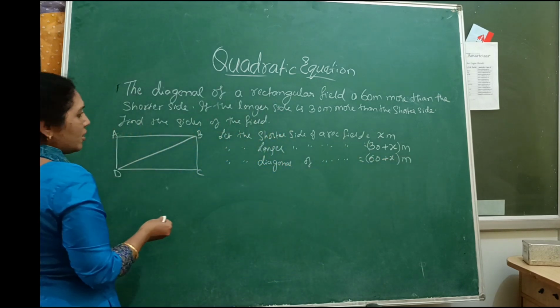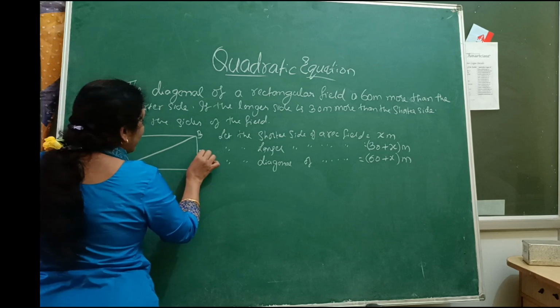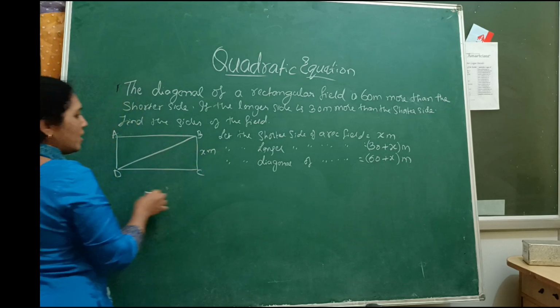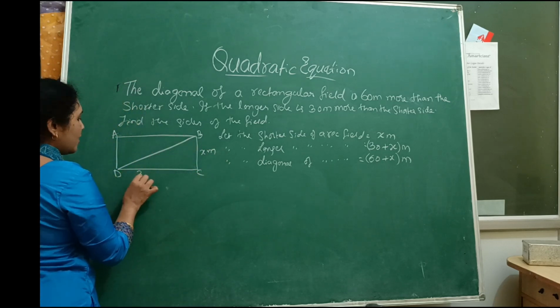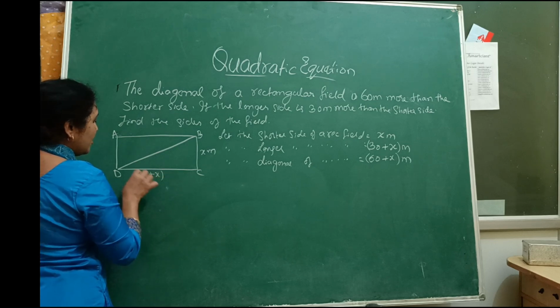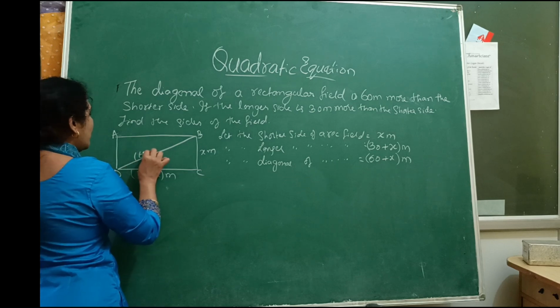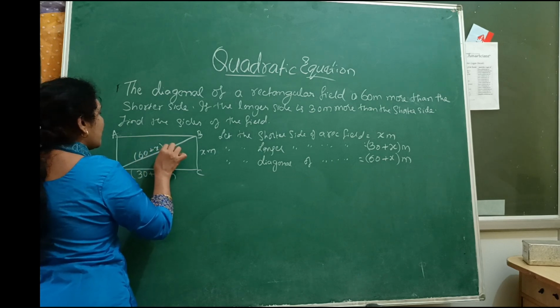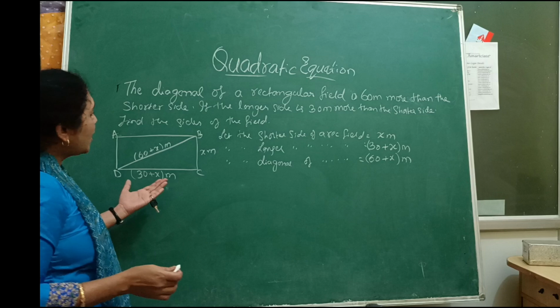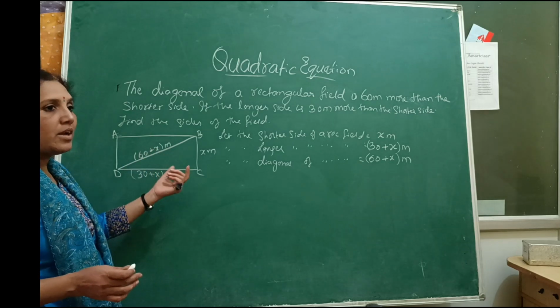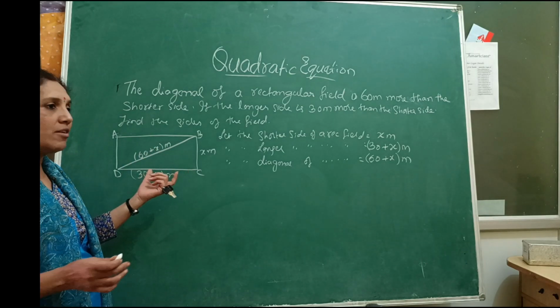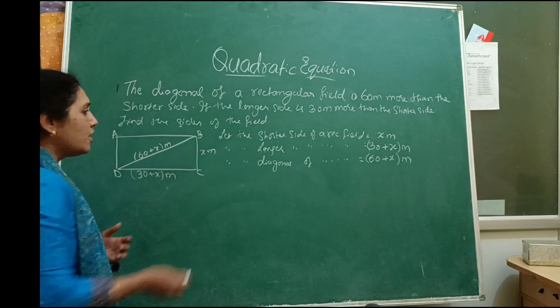Let me write it down here. Shorter side, x meter, longer side, 30 plus x meter, and the diagonal is 60 plus x meter. Now what can I do? In a rectangle, each angle is 90 degree.